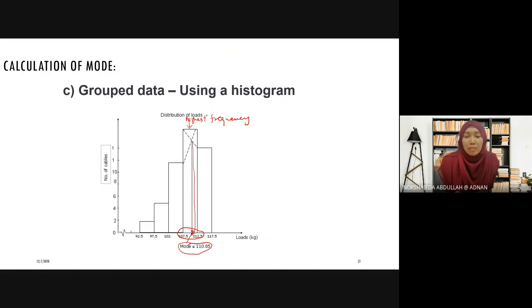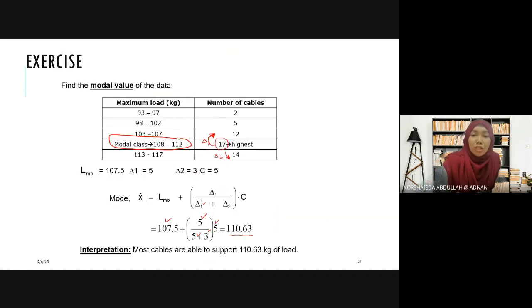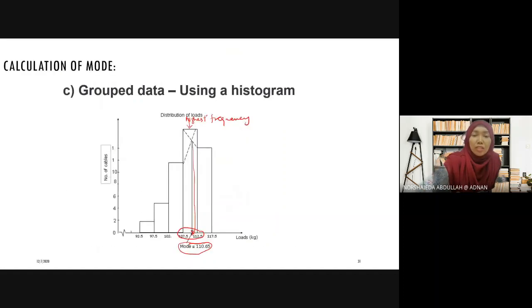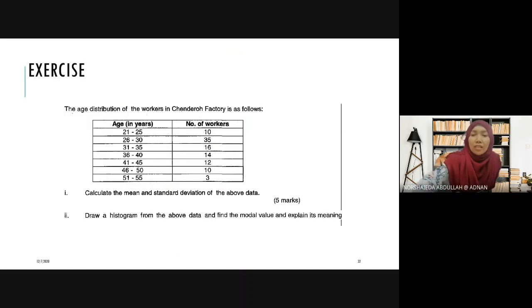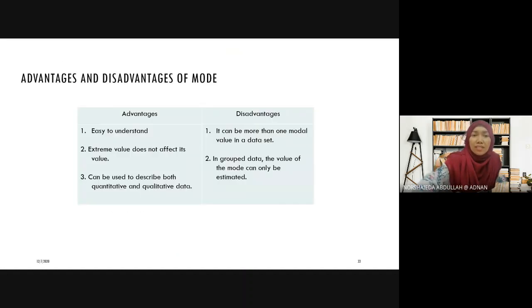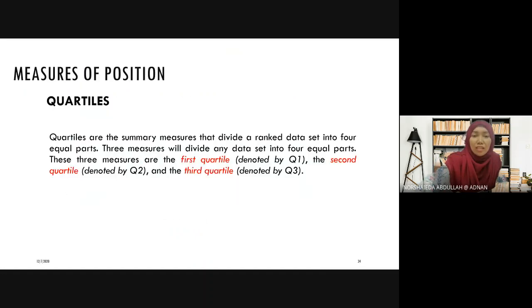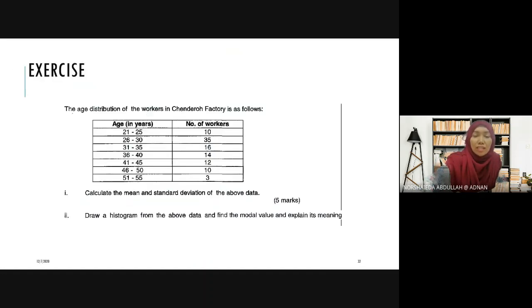Maybe we don't get it exact, maybe we get 110.65. If we use calculation, the value we get is precise. Using the graph, we just estimate the value, right? The exercise and the advantages and disadvantages we can do later, or you can read later.